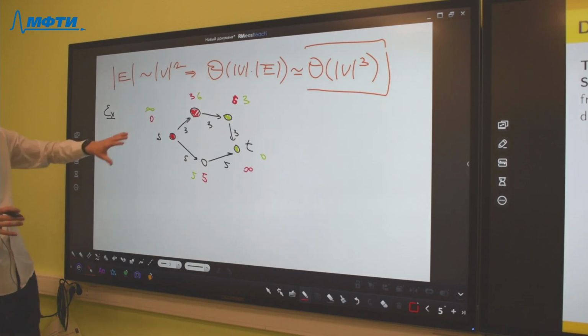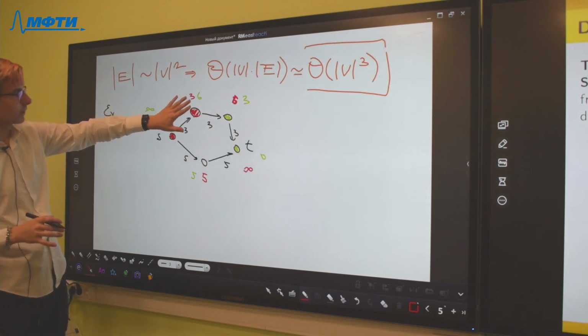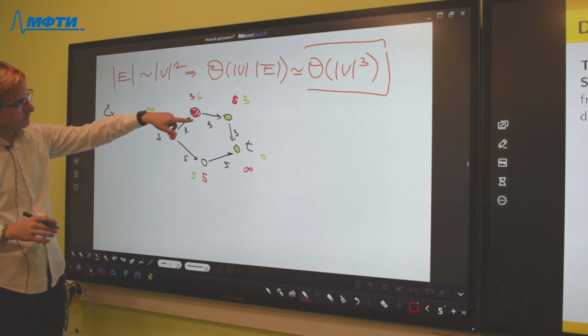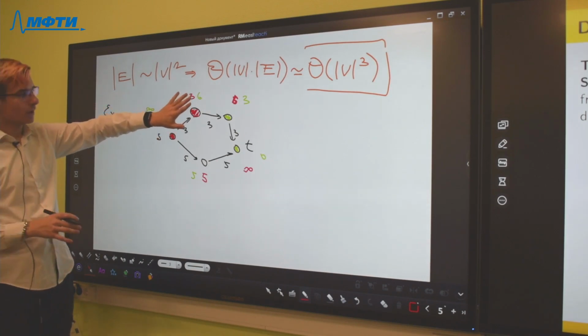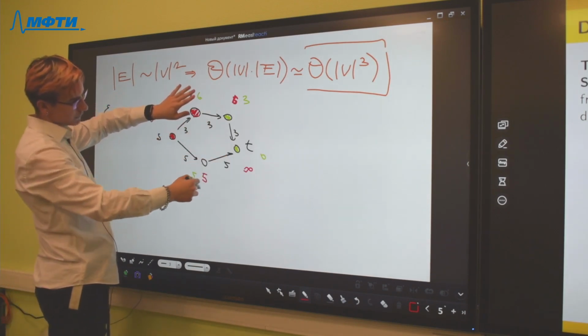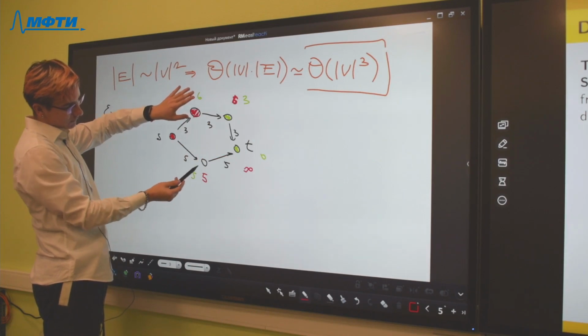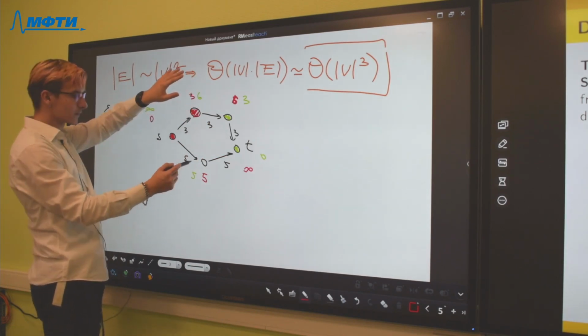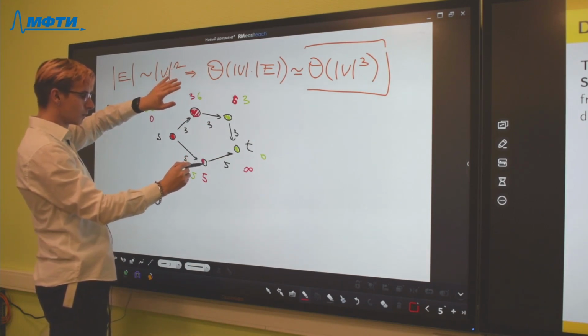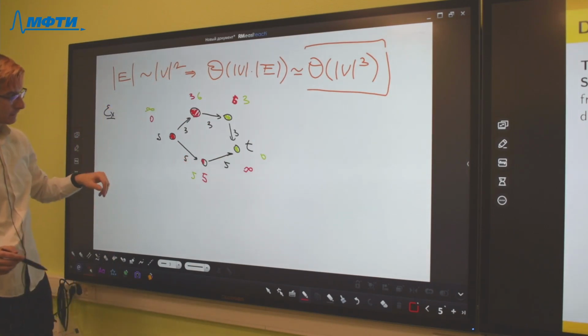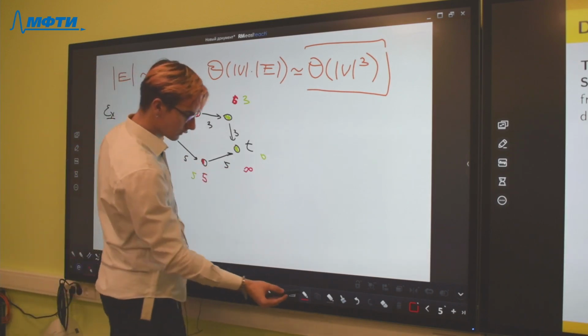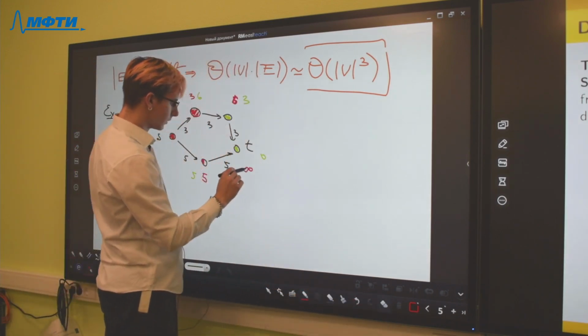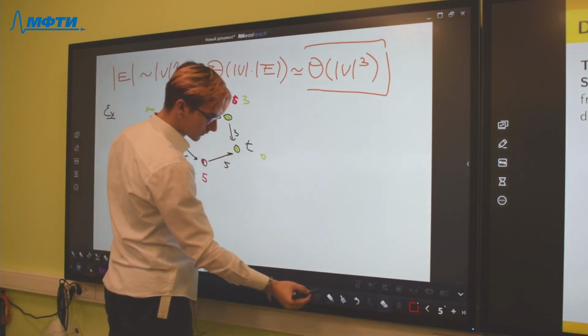Then we see we extracted these 2 vertices, and for these vertices we say that this vertex has the minimal number, and we extract it, and set this number equal to.